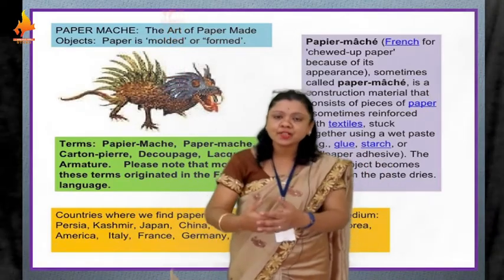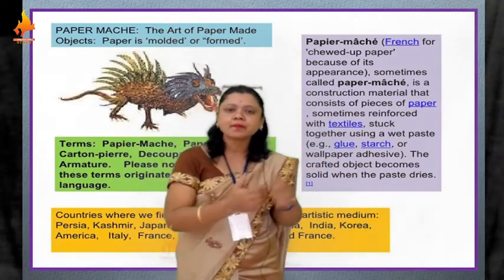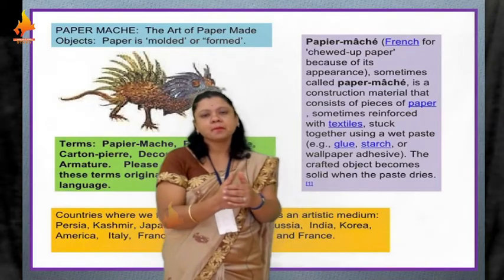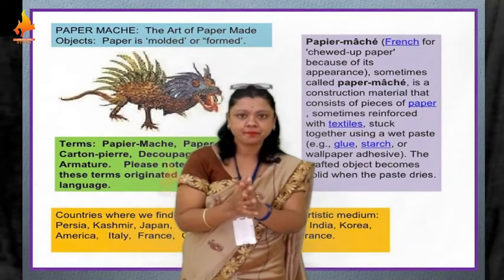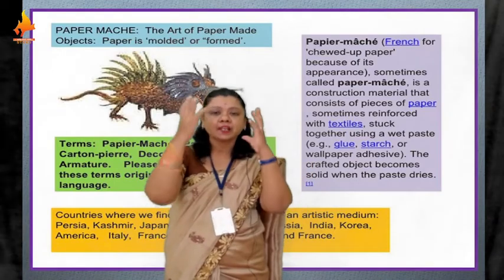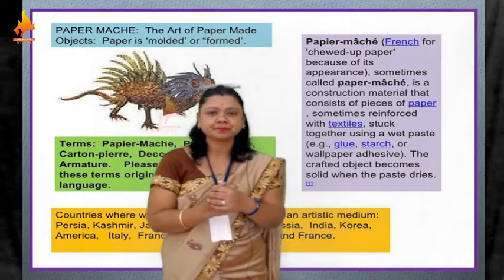So Egyptians, what they were making by using paper and some materials, they were making masks. They were making masks and using them in death ceremonies.